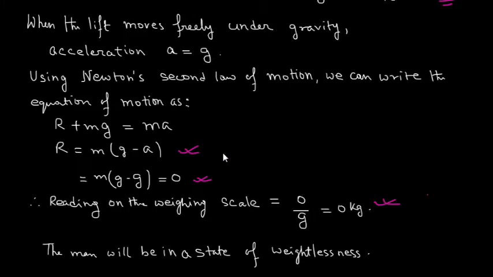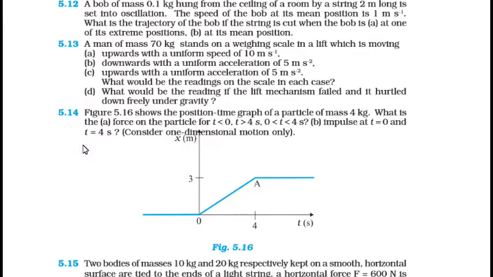So this is the end of this sum. Now let us move to the next sum. Now we'll do question number 5.14. Figure 5.16 shows the position time graph of a particle of mass 4 kg.